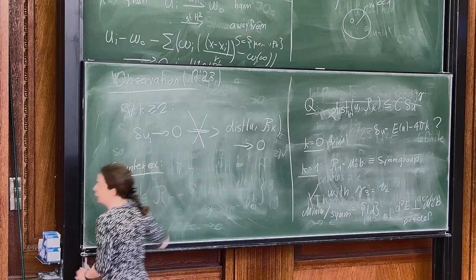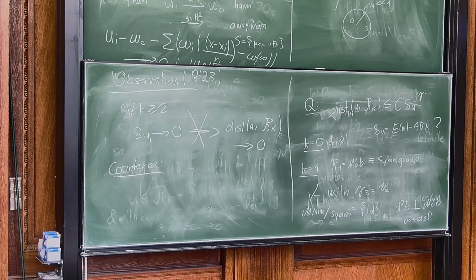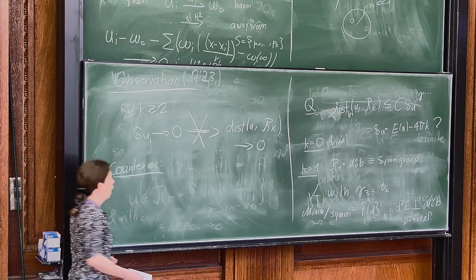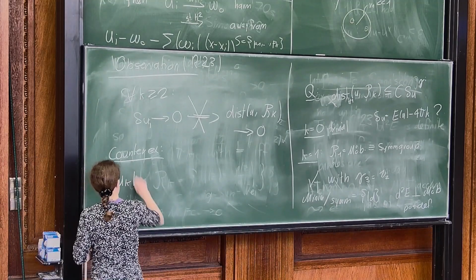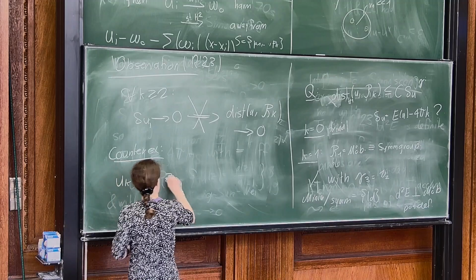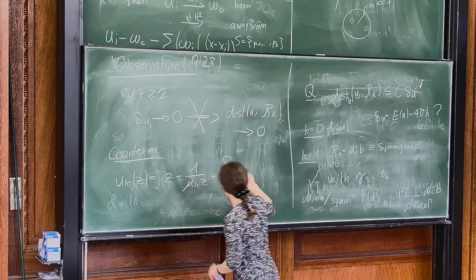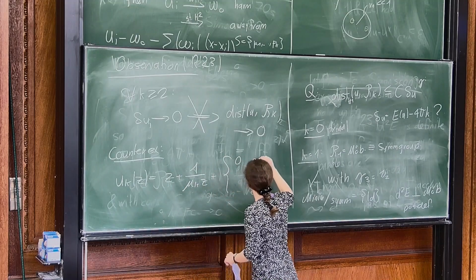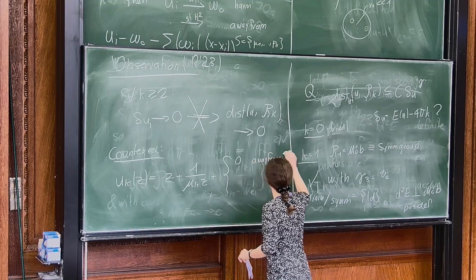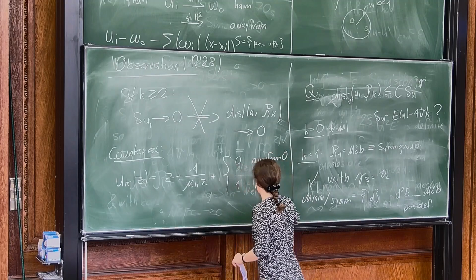is basically take one of your objects which are non-compact minimizers and destroy a key property of holomorphic functions. And the key property of holomorphic functions is that mean values over disks or mean values over circles is constant. And so the counterexample you can construct, you take uk of z is z plus 1 over mu k z, and then you transition from 0 away from 0 to 1 very near 0.